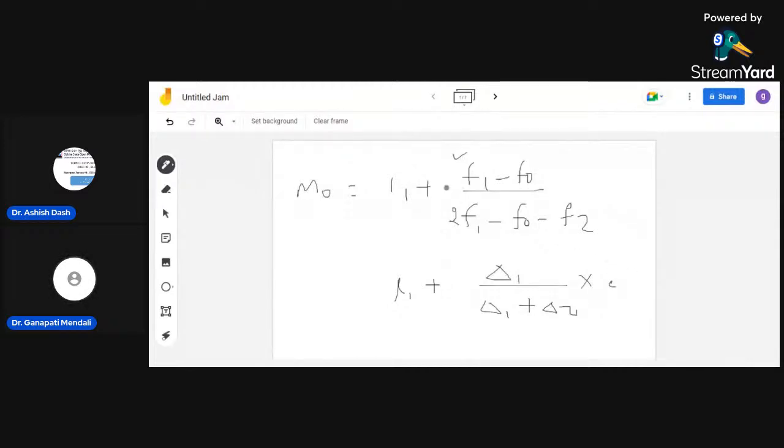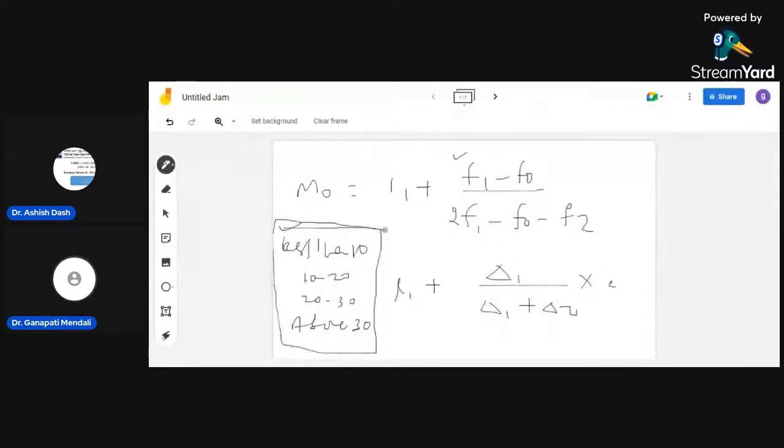Now suppose we have examples like less than 10 marks, less than 10. Okay, another class is, let us say, 10 to 20. In this type of data, we can calculate the value of mode, but we cannot calculate the value of arithmetic mean.